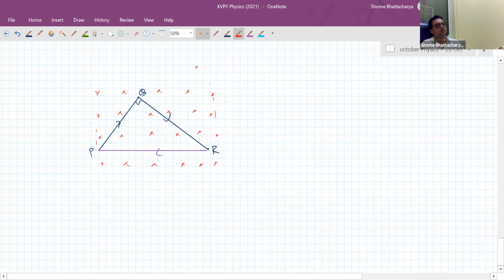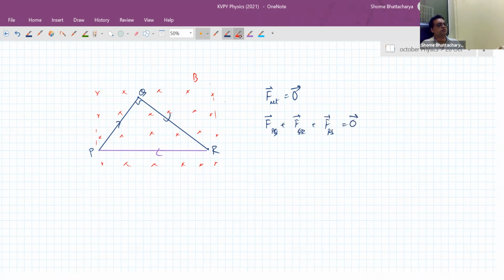So on this, the net force should be a null vector, should be zero. So the force on the wire PQ plus the force on the section QR plus the force on the section RS should be zero.